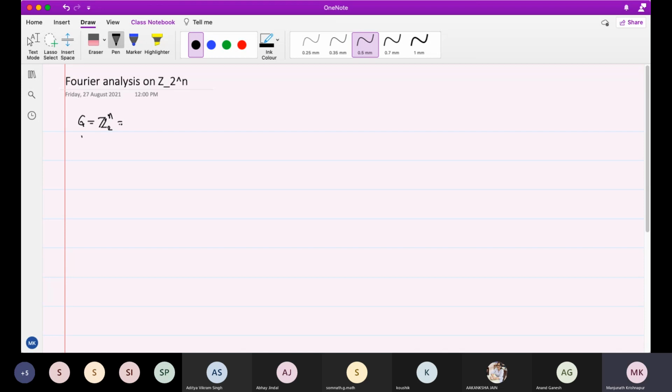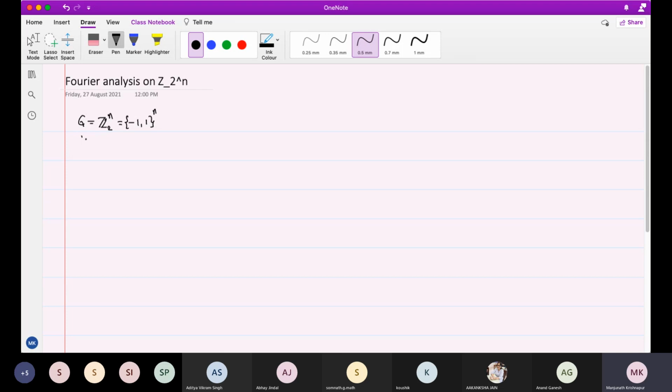Z2 to the n, which we can regard as {-1, 1} to the power n. And this is multiplication, right? So 1 times 1 is 1, 1 times -1 is -1. I mean, the usual. So that is the way I write it.